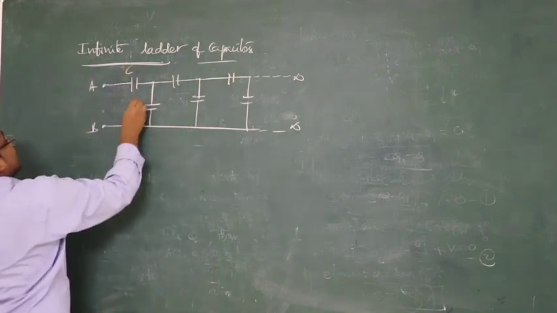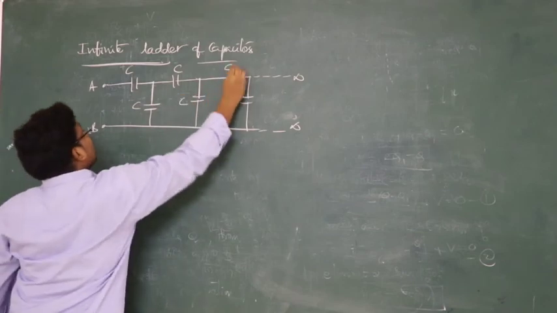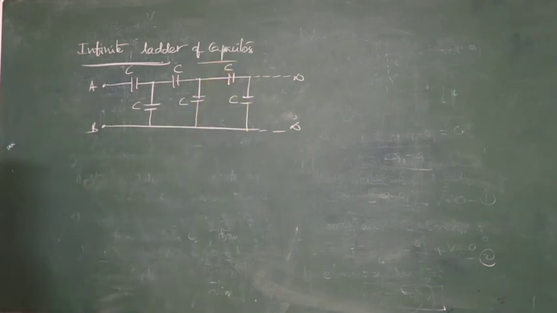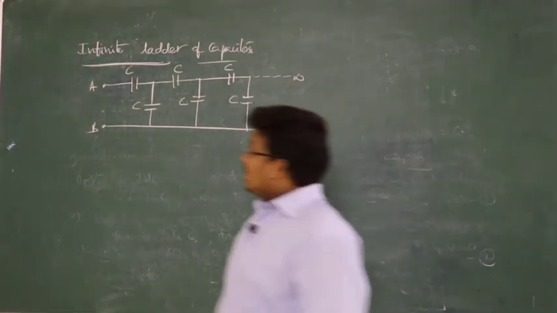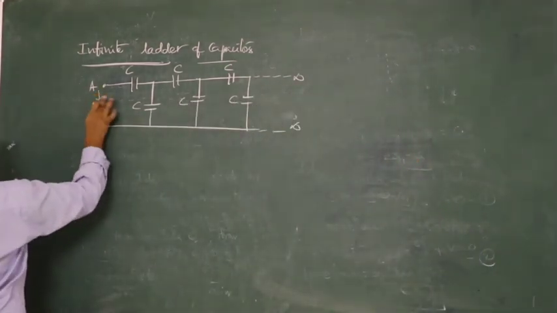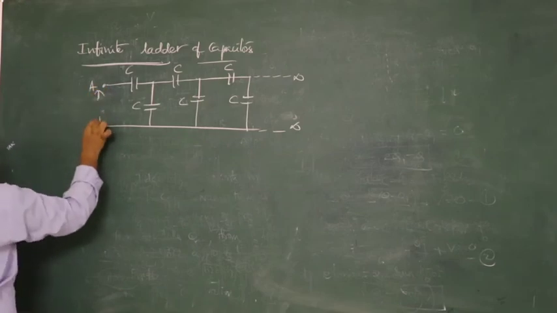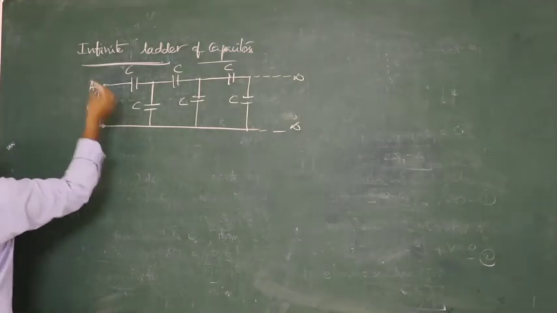So you just take all of them as C. Sir, how do we solve this type of problem? You know that between points A and B you need to get C effective.